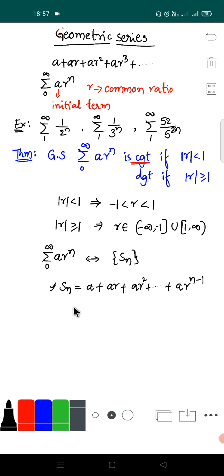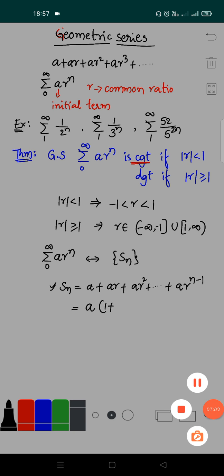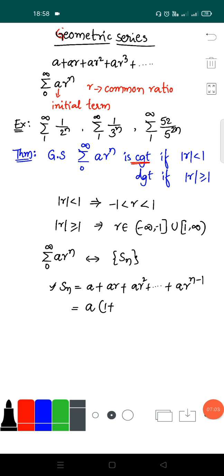So this nth term looks like a times 1 plus r plus r square and so on, plus r to the power of n minus 1, where we factor out a.